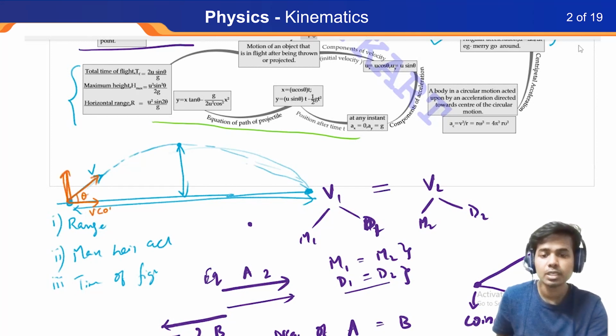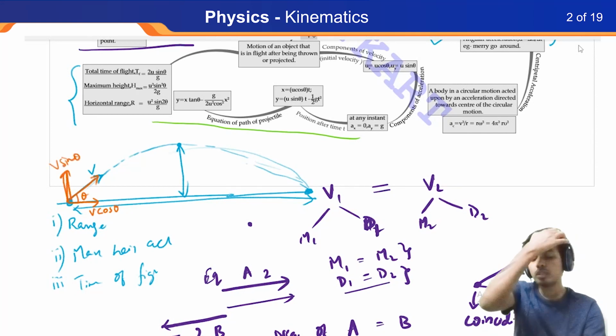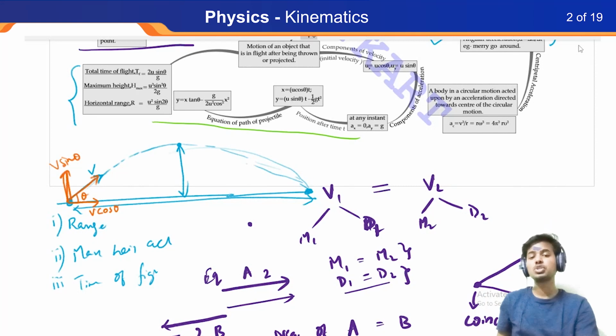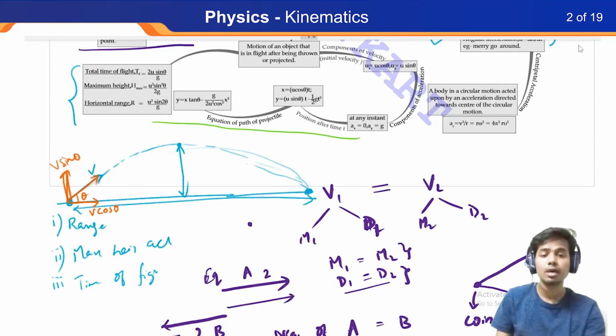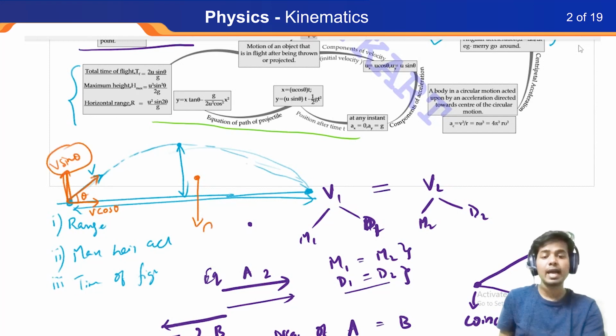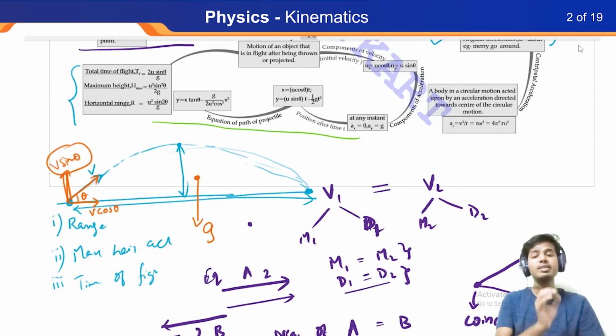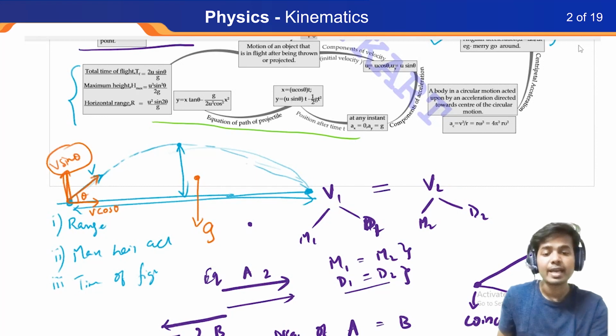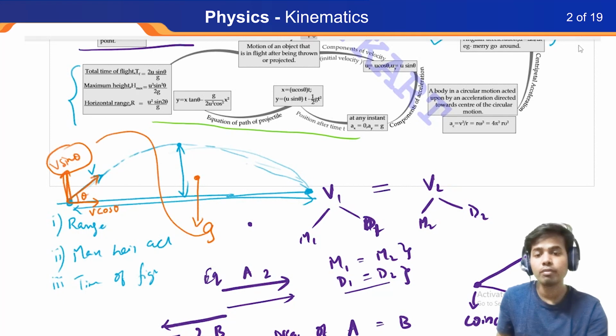This will be v cos theta, and this will be v sin theta, and all the three equations of motion that I had explained earlier will be applied only on the v sin theta. Why? Because acceleration due to gravity always works vertically, not horizontally. So acceleration due to gravity will always work only on the v sin theta.